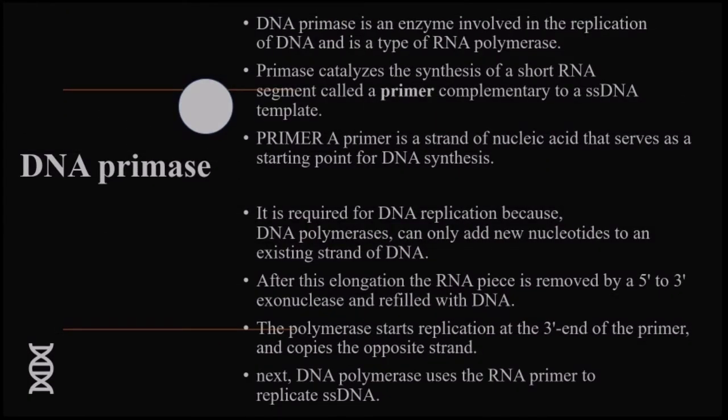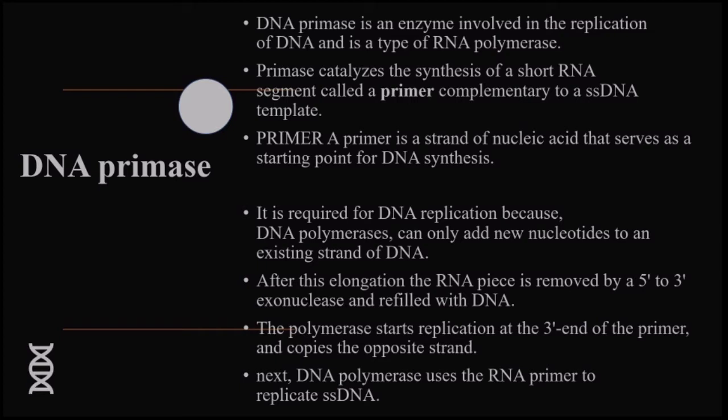Next, we'll learn about the enzyme DNA primase. DNA primase is an enzyme that is involved in the replication of DNA and is a type of RNA polymerase. Primase catalyzes the synthesis of a short RNA segment called a primer that is complementary to a single-strand DNA template. Now, why is the primer so important?